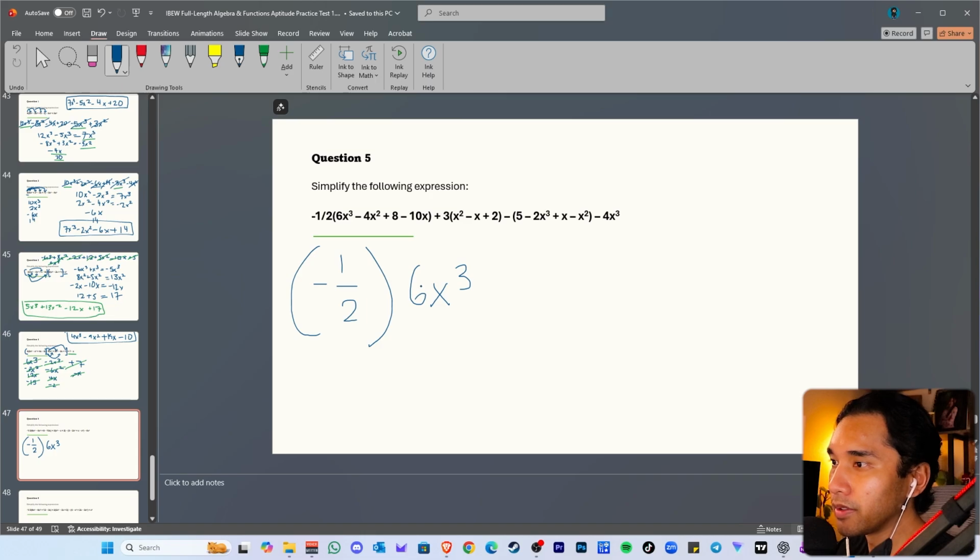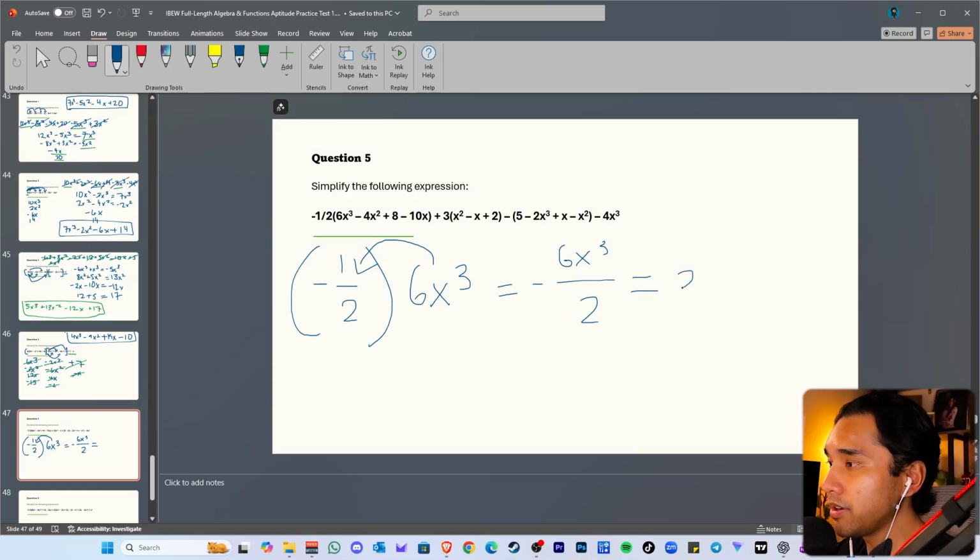You get the 6x cubed and multiply it by the 1. What is 1 times anything? It's just the same number. So then you get 6x cubed over 2. Carry that negative.